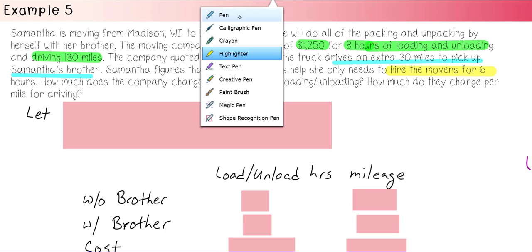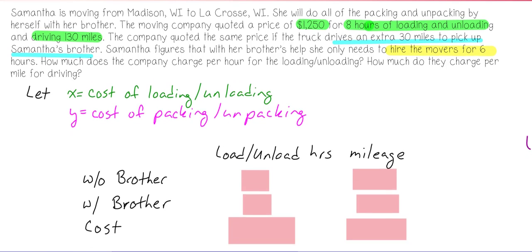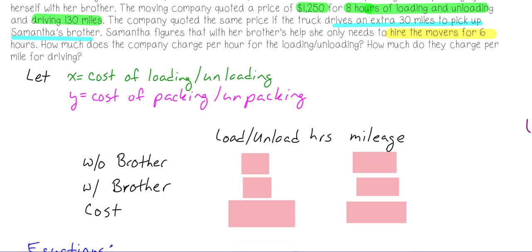Okay, so like before, we're going to assign our x and our y. Our x is our cost of loading and unloading. Our y is our cost of packing and unpacking. So to load and unload, it's 8 hours without the brother and 130 miles.